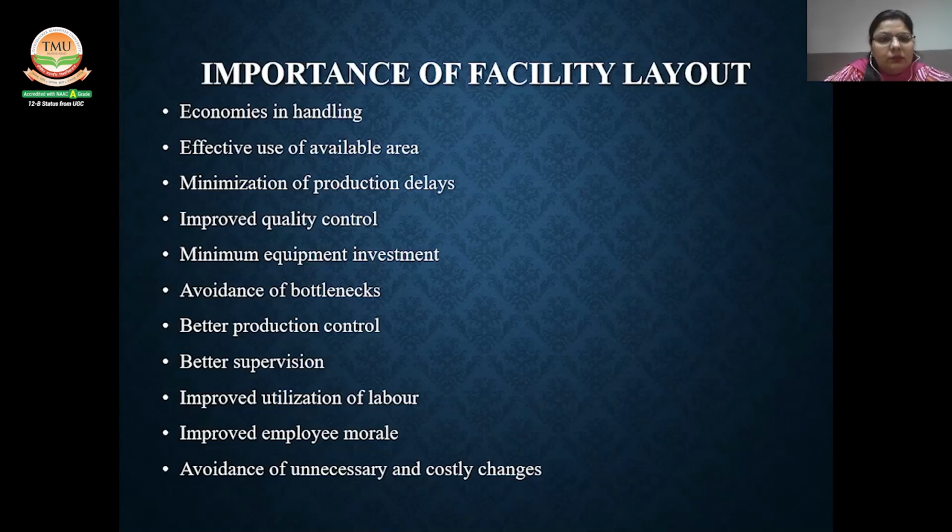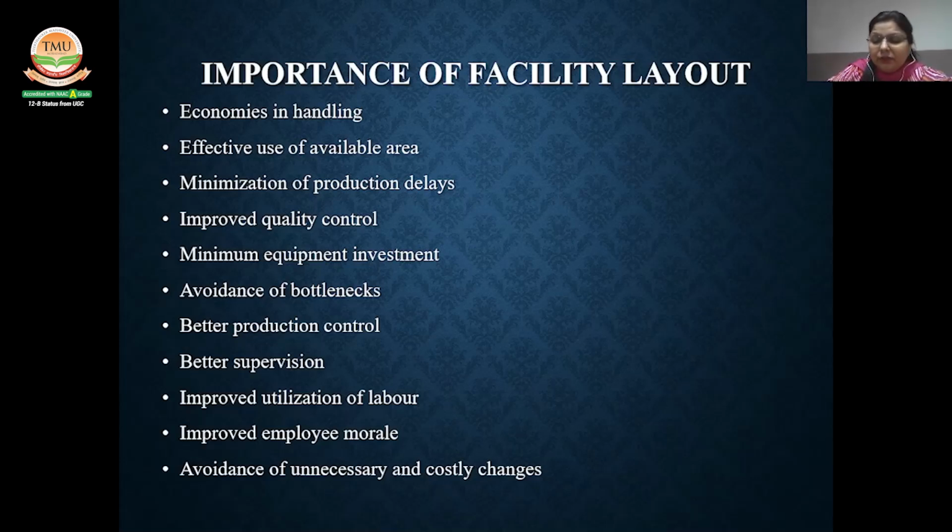Next is effective use of available area. Which area are we going to use? We have to try that in minimum area we can do the maximum work. So this is called the effective use of available area. Next one is minimization of production delay.